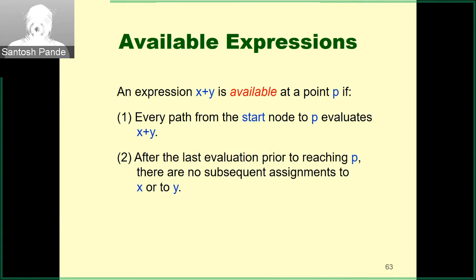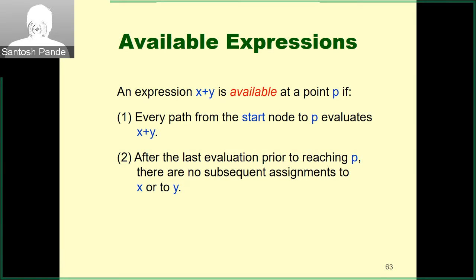And after that evaluation took place, again, we have multiple paths to come to P. Along every path, we have no reassignment to either x or y. That basically means that the value of this x plus y at the last evaluation point and at P are exactly identical. This is true across the board.